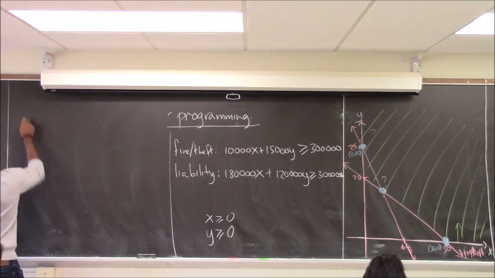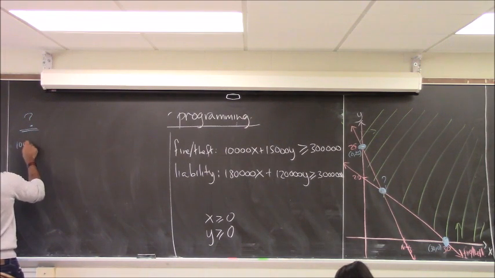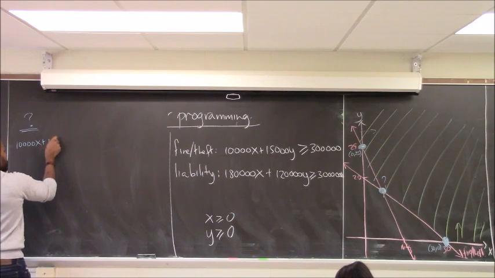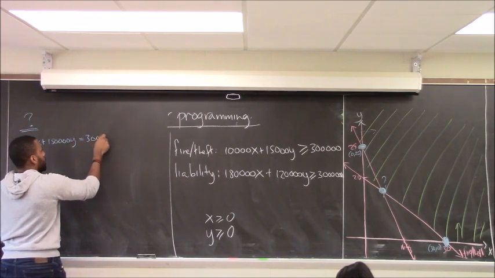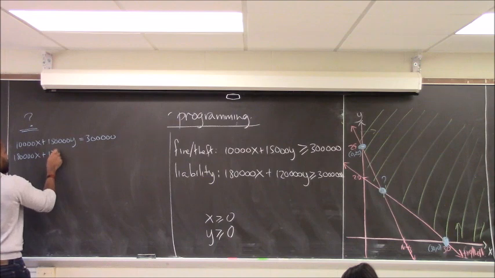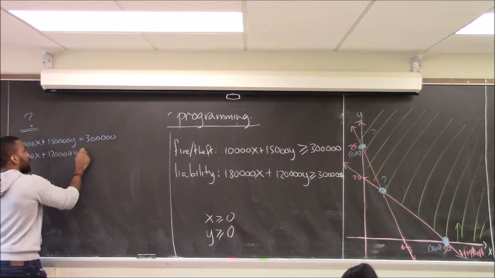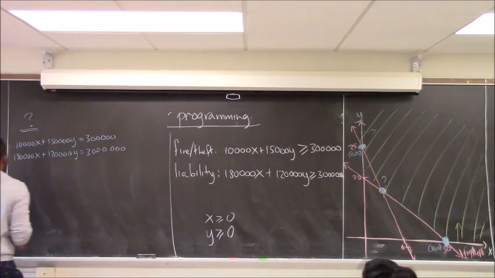But let's actually find that point right here. That's going to be the intersection of these two: 10,000x plus 15,000y equals 300,000, and 180,000x plus 120,000y equals 3,000,000.